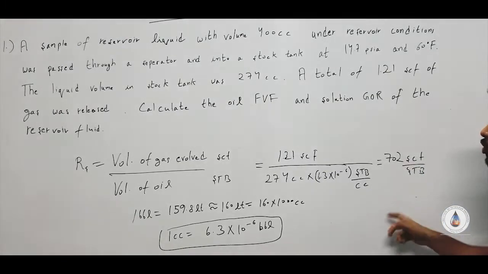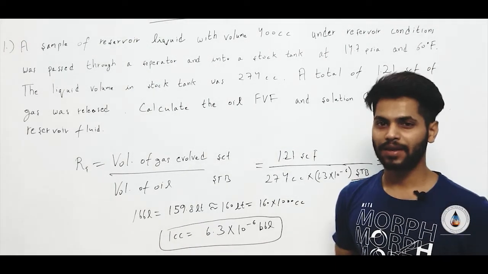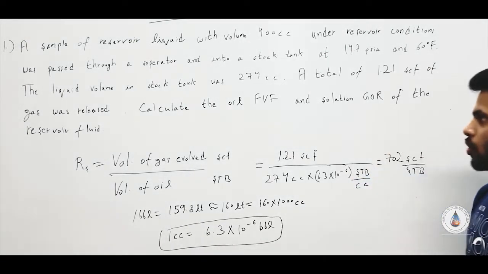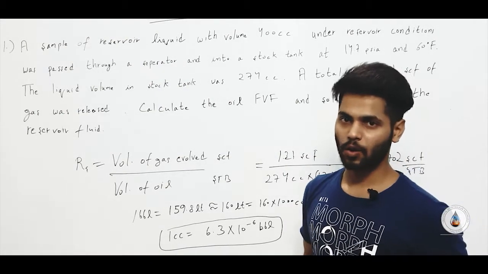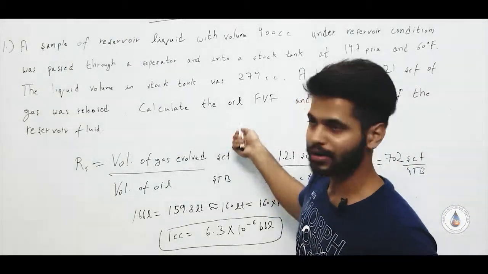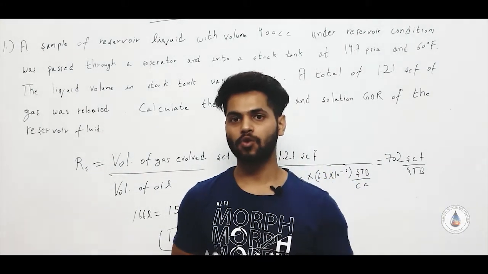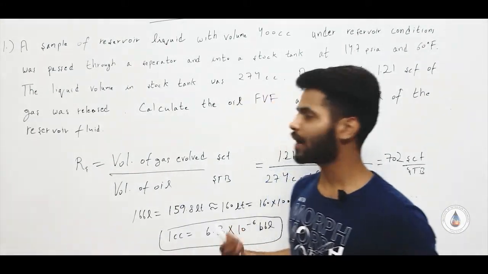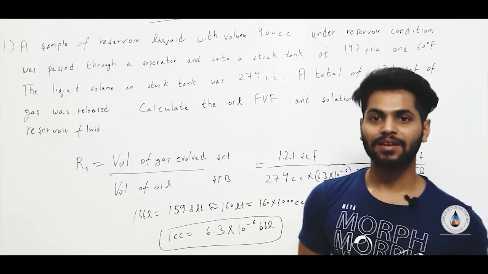This is the value of my solution gas oil ratio, which we also denote as gas solubility. So in this lecture we have covered two very important concepts regarding formation volume factor and gas solubility, and we have solved a numerical to get a better understanding of these concepts. Thank you very much.